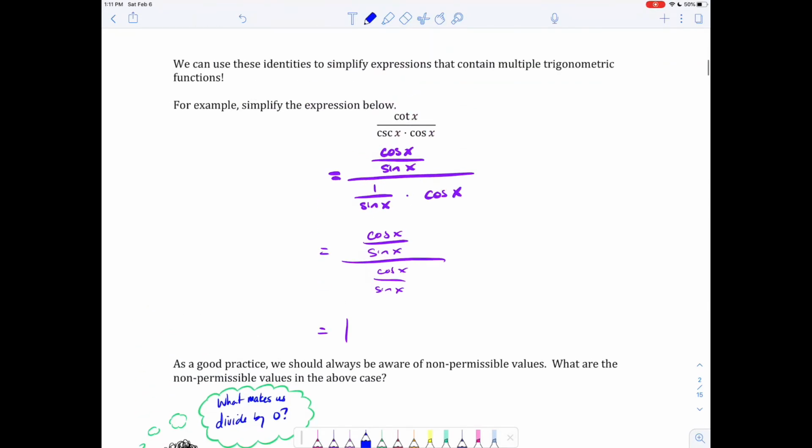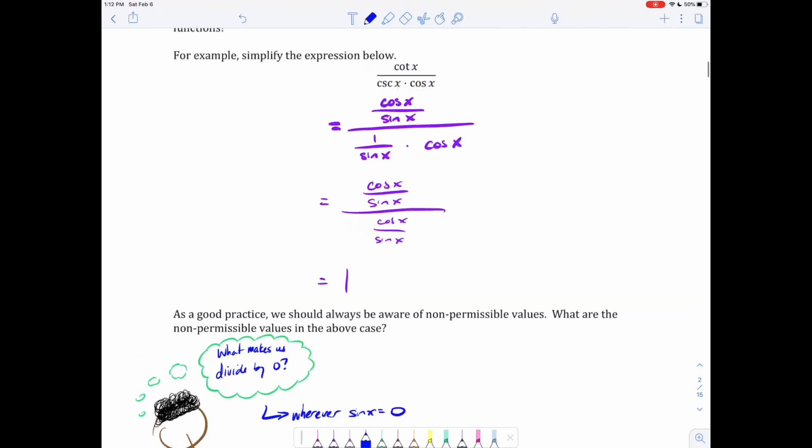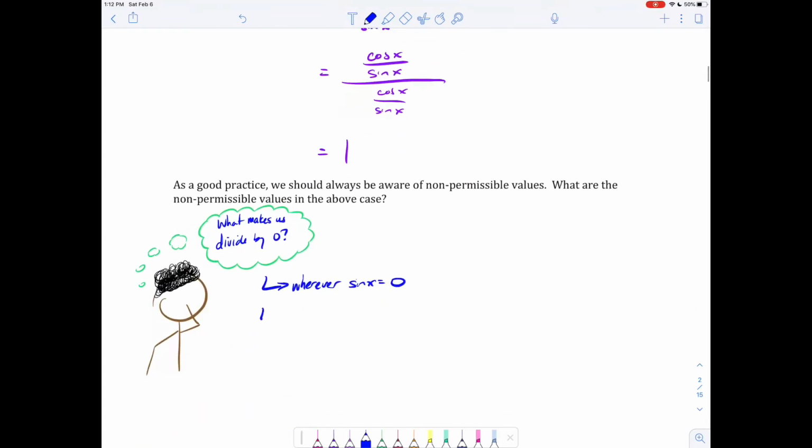We divide by 0 right here if sine of x is equal to 0. So whenever sine of x is equal to 0, we're dividing by 0. If cosine of x is equal to 0, then we are also dividing by 0 because this whole denominator would be 0. So we're also dividing by 0 in that case.